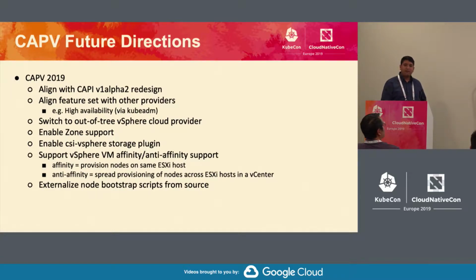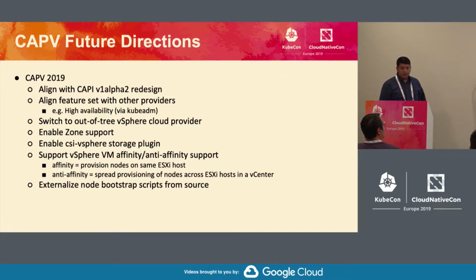Similarly, CSI implementation. The moment we move to the out-of-tree vSphere cloud provider, we also enable the dedicated CSI plugin for the vSphere provider. Then some more vSphere-specific things, like the vSphere VM affinity and anti-affinity policies. We'll start enabling that as well, so that when you're defining your cluster, you can express your intent as to how you want your VMs to be placed, and so on.